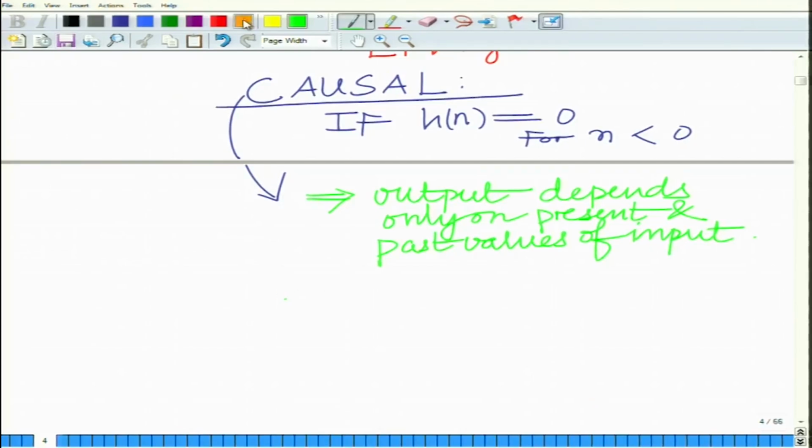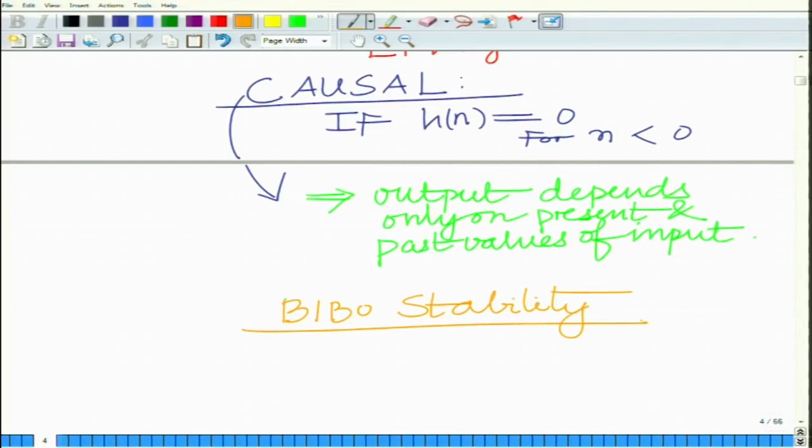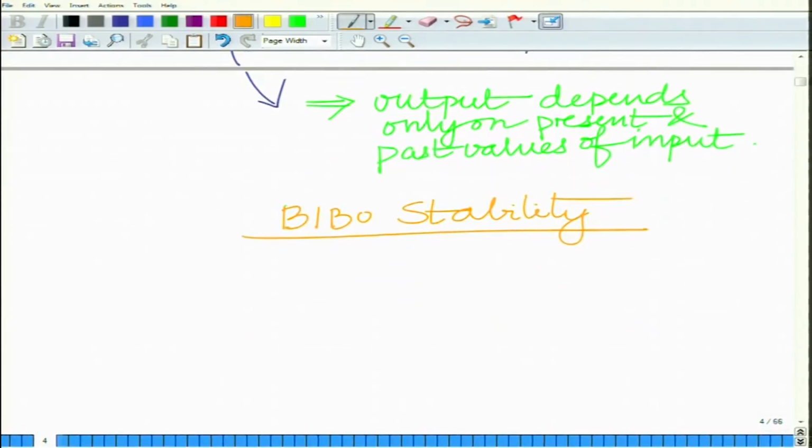Next is BIBO stability, or stable systems. In particular, one of the most important criteria for stability is BIBO stability.